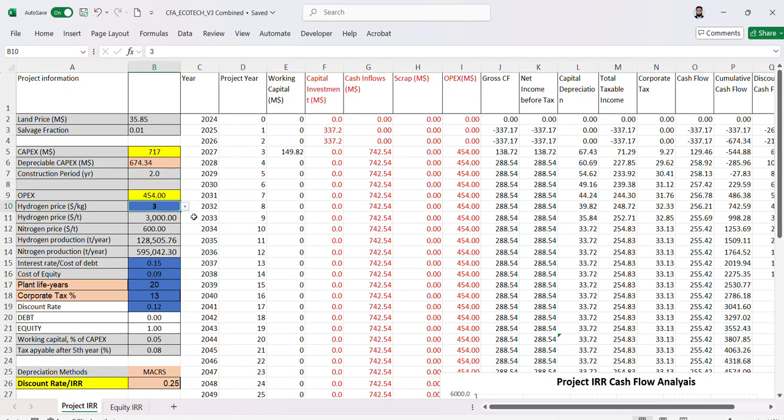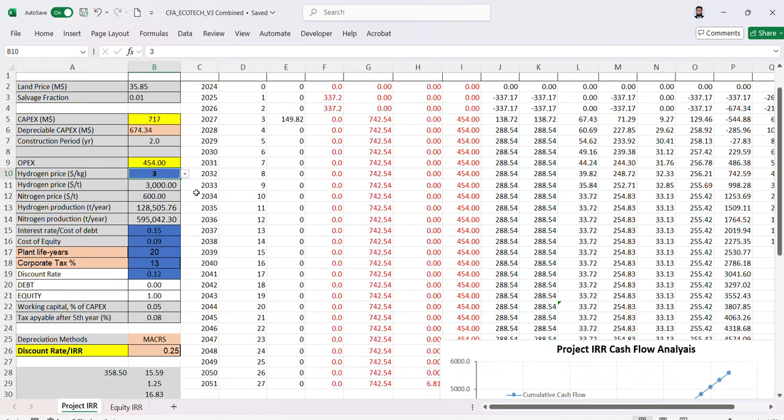Then hydrogen price, I assumed it as $3 per kg, but I have given a drop down here. You can choose 1 to 5, or if you want to increase, you can do that. This is per kilogram. Let us make it per ton, which is $3000 per ton.